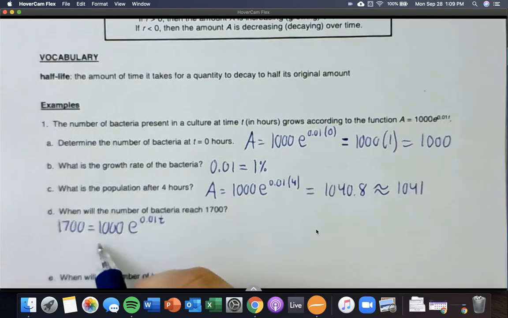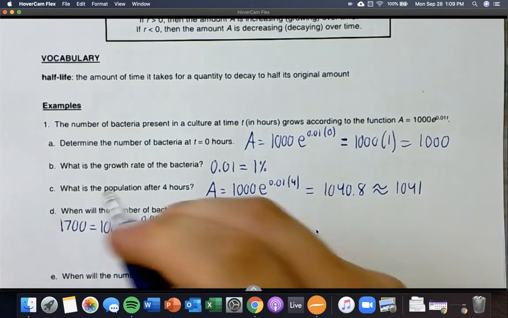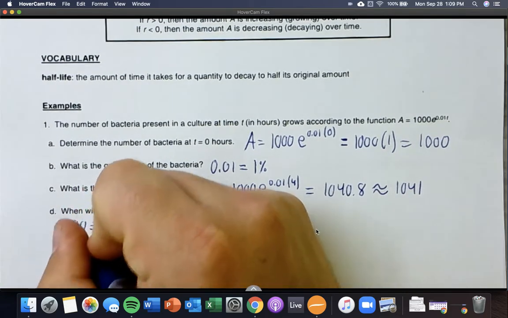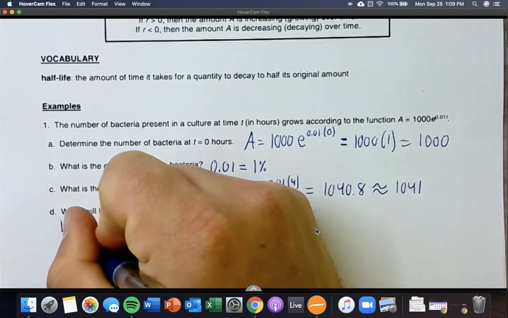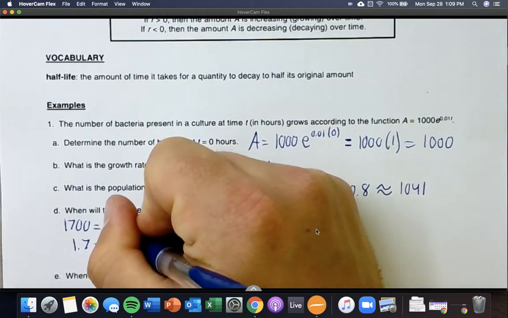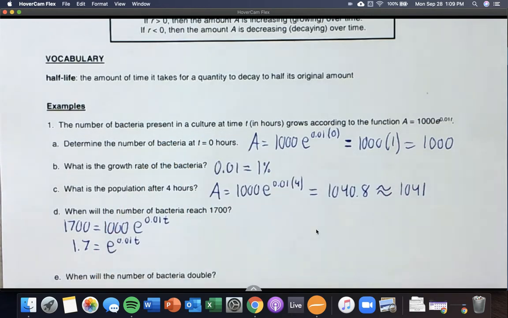We can divide the 1,000 over: 1,700 divided by 1,000, and we end up getting 1.7 is equal to e to the 0.01t.